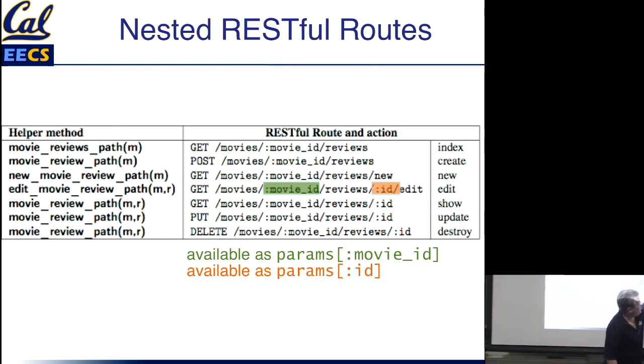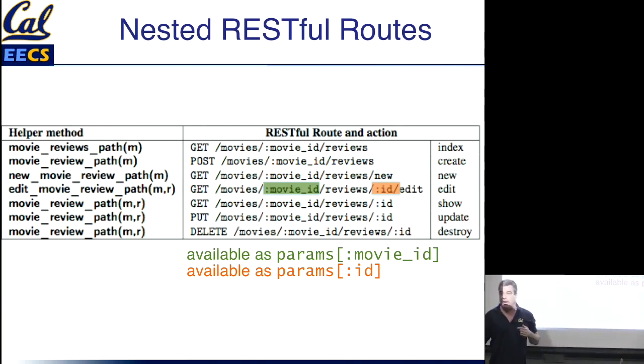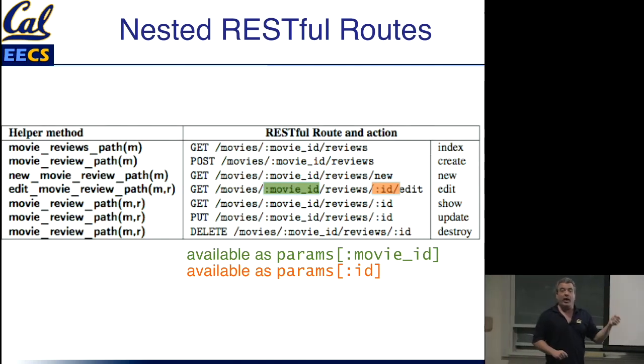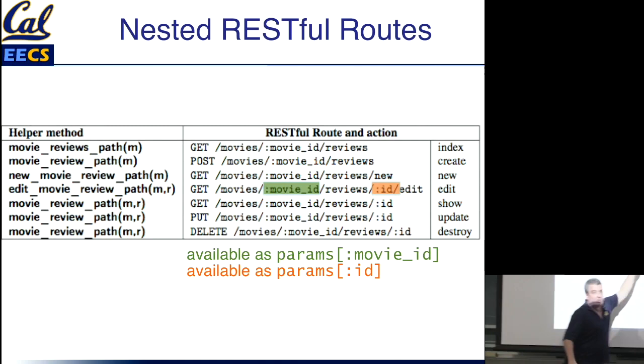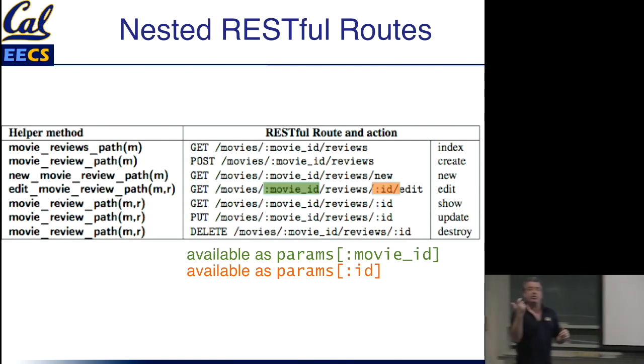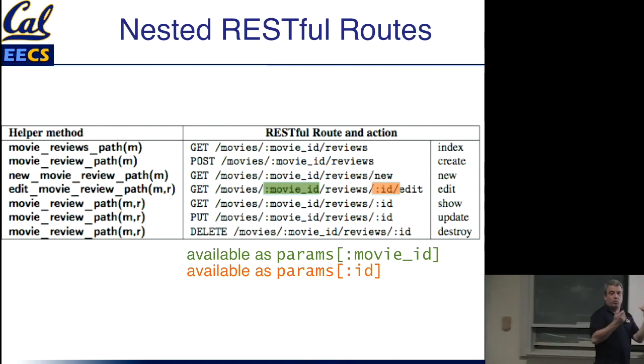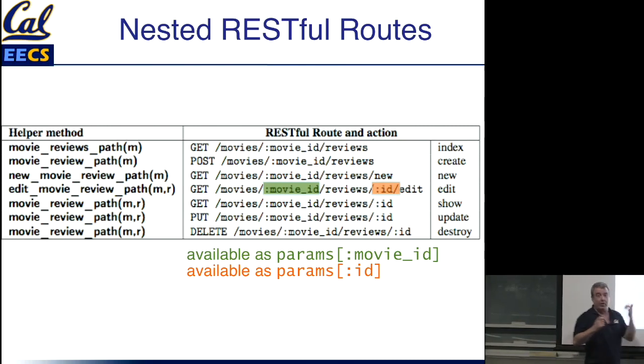So as before, params[:id] will refer to the primary resource that the operation is about, but you'll also get the ID of the owning object, basically what the foreign key would be in the association. This lets you construct a route and pass the route around. Think of why this is important. At every step in a controller where you're manipulating a review and you need to know what movie it belongs to, the route itself is carrying that information around for you for free.